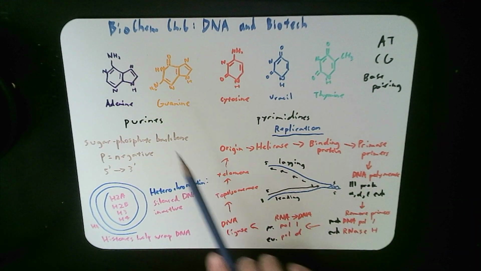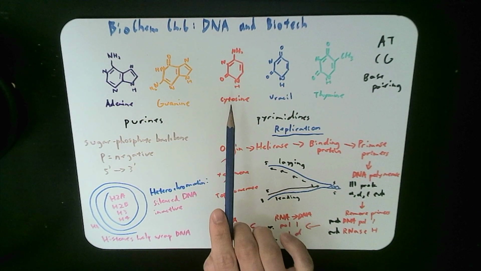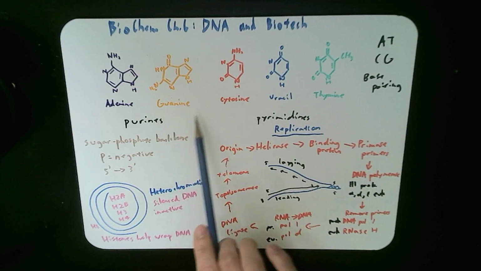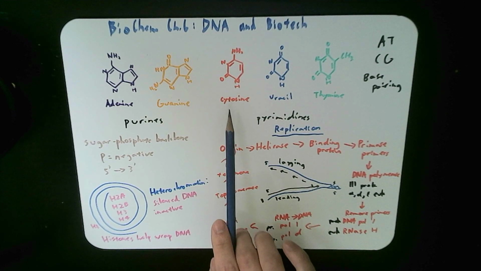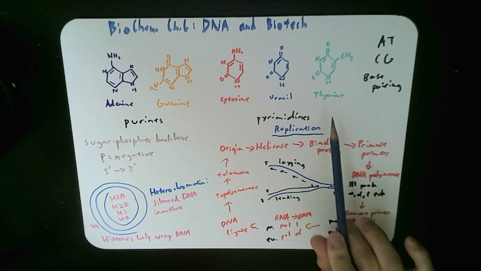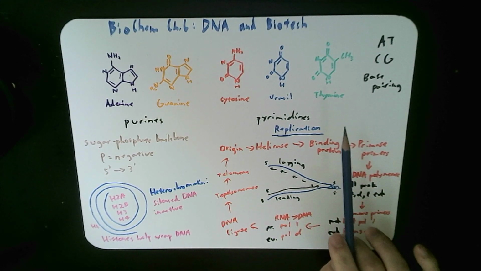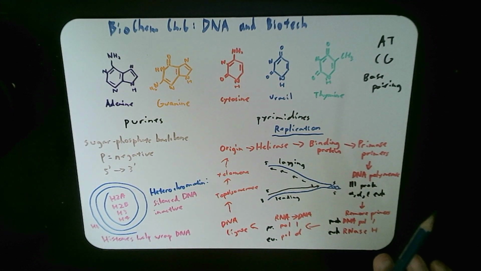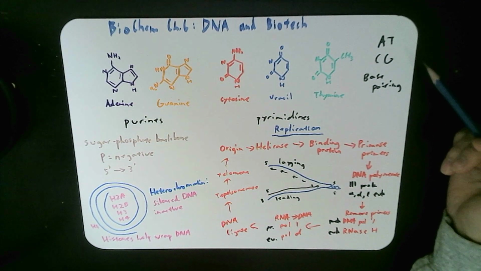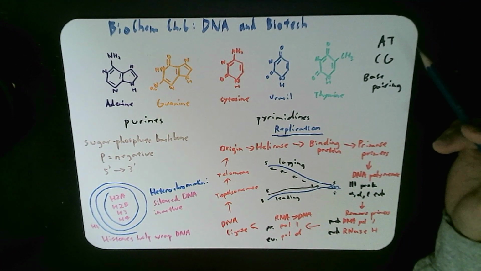And you just need to know that guanine and cytosine go together, adenine and thymine go together, so for every guanine you have an equal amount of cytosine, and for every adenine you have an equal amount of thymine. You can use this, by Chargaff's rule, to determine that if you know the percentage of one of them, you know the percentage of any one of them.